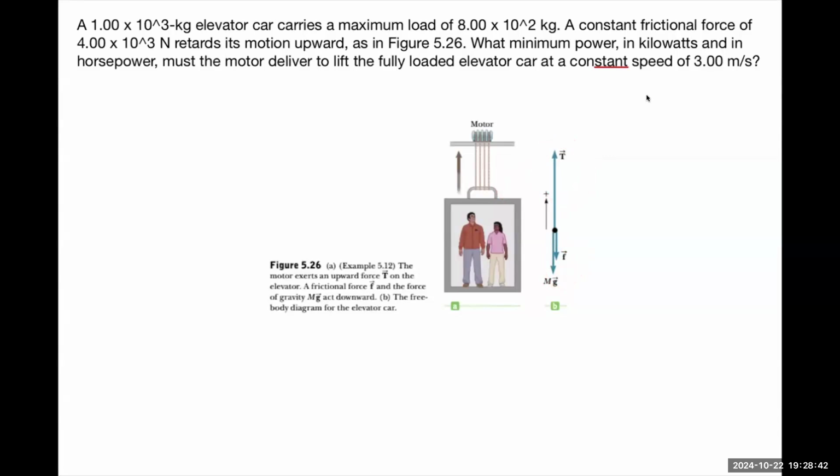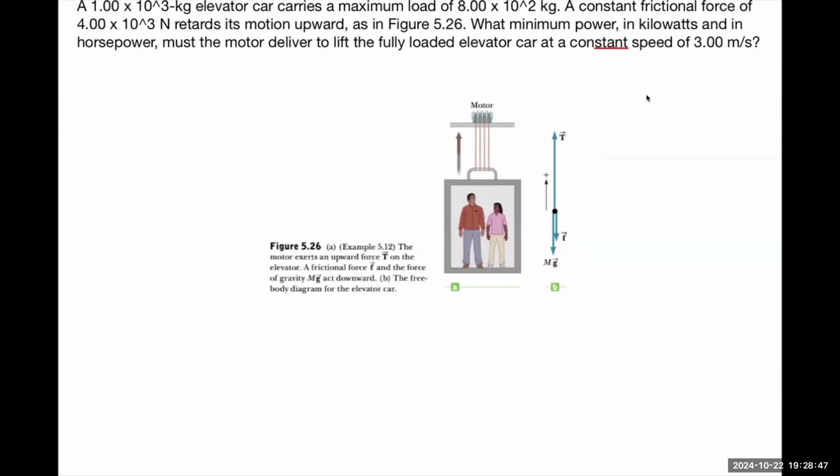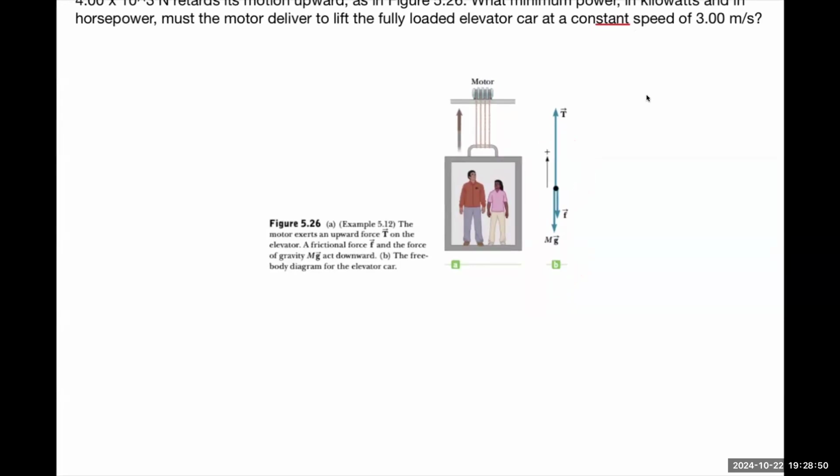Make sense? Are you guys following me here? So what is happening here? If there was a net force, if there was an F net, then this would have been going upward. But here, constant speed means a is zero.